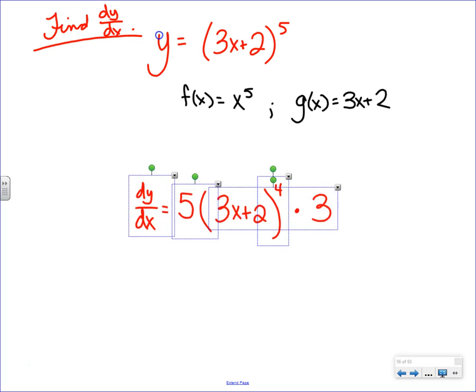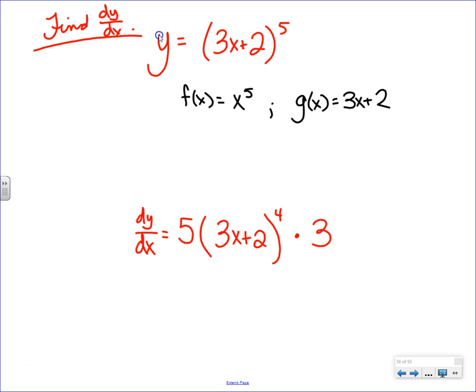Some of these are going to be a lot harder than the mental math I just did. So you would find f prime of x, 5x to the 4th. You would find g prime of x, 3. And then you would plug in f prime, plugging in that guy, times g prime. So f prime of g of x times g prime of x.